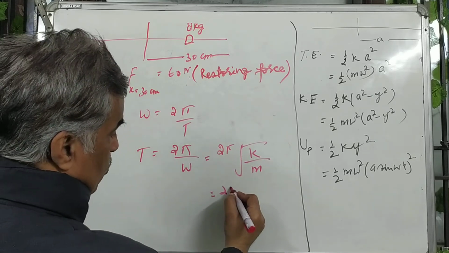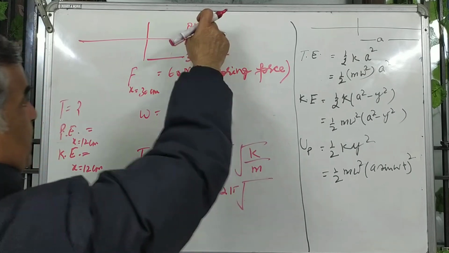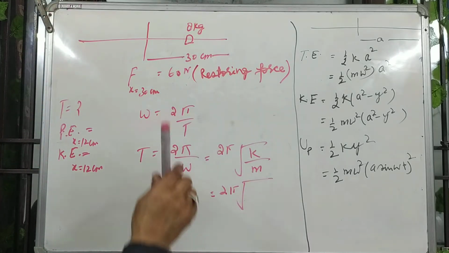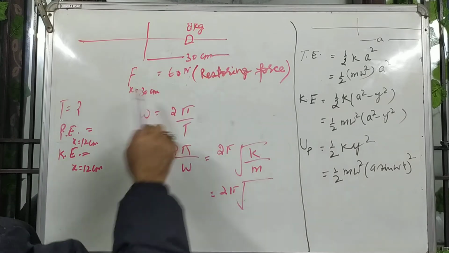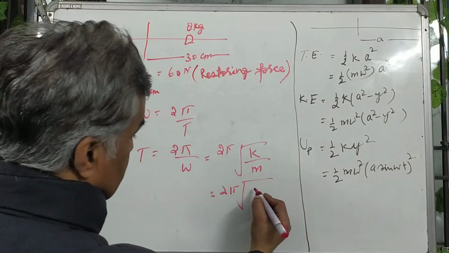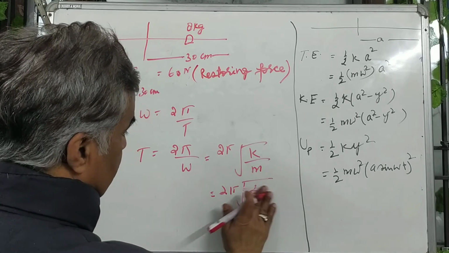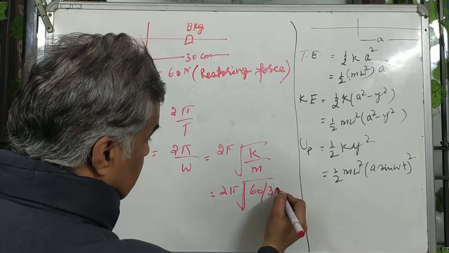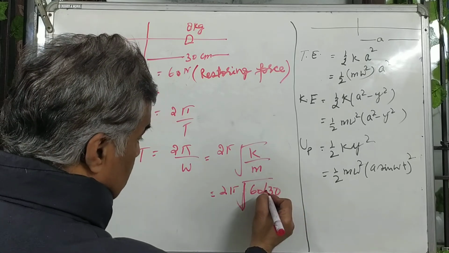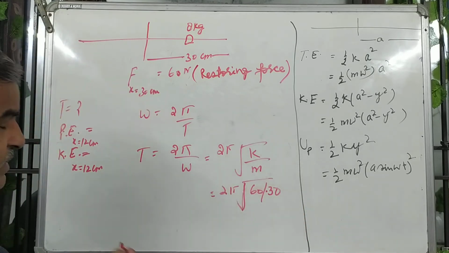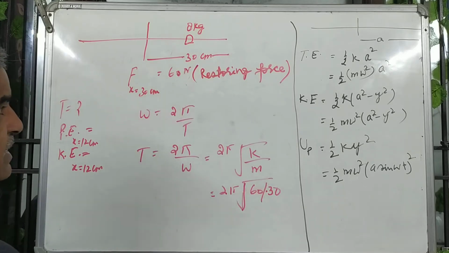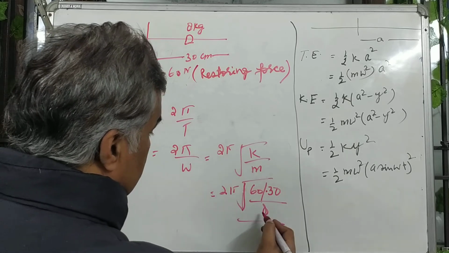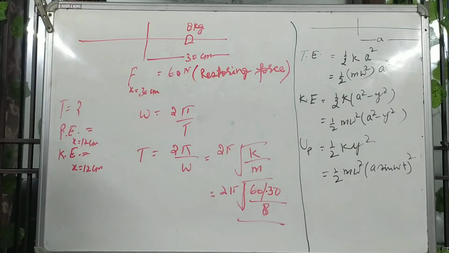In this, the mass is given 8 kg, and k is force per unit displacement. At 30 centimeter displacement, force is 60 Newton. So k is 60 by 0.3 in the MKS system, and Newton is in the MKS system. So T equals 2 pi root of mass 8 kg upon k. This is the answer of the time period.